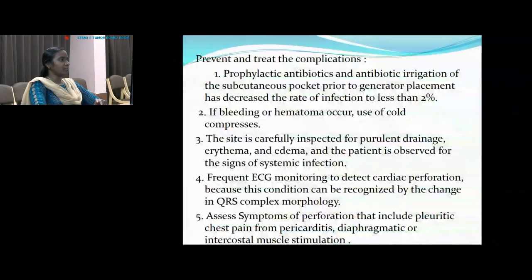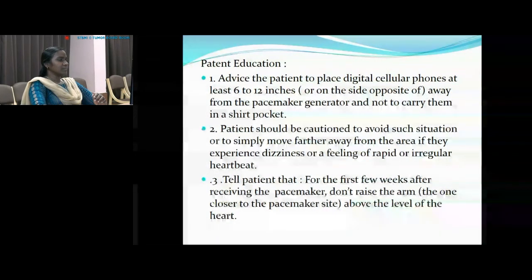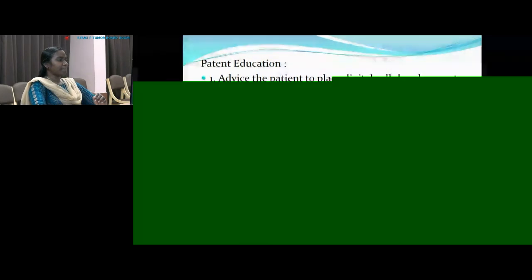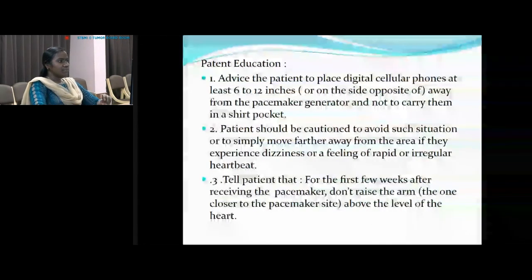And patient education is a very important part after pacemaker implantation. So patient education is much better to avoid these complications.